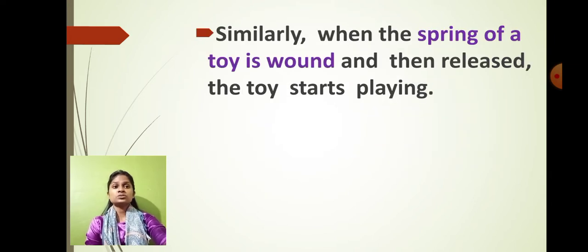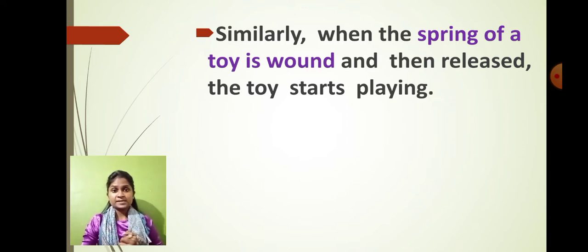Okay. So students, similarly, there are so many examples which we find around us. One example, as you can see over here, is when the spring of a toy is wound and then it is released, the toy starts playing. There are so many toys which are present, right? Whenever we wind the spring of that toy, the toy will move.